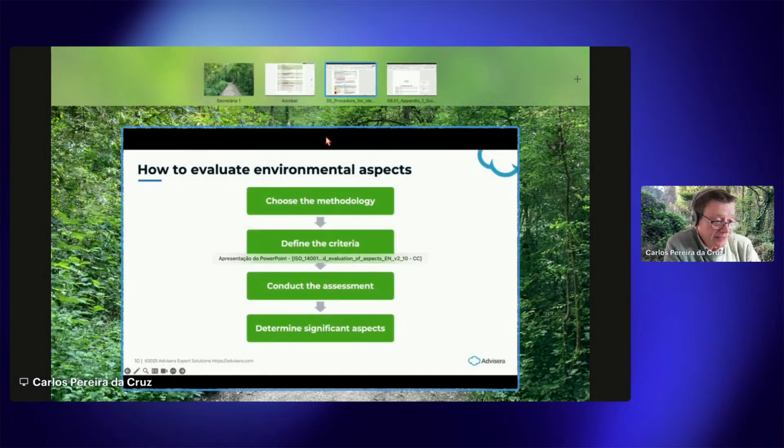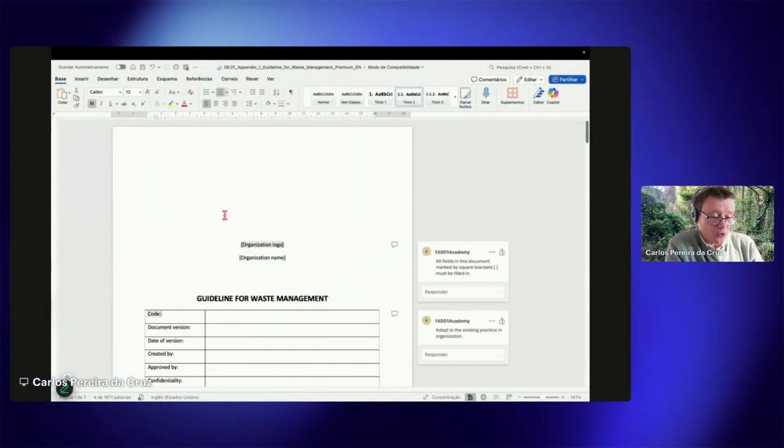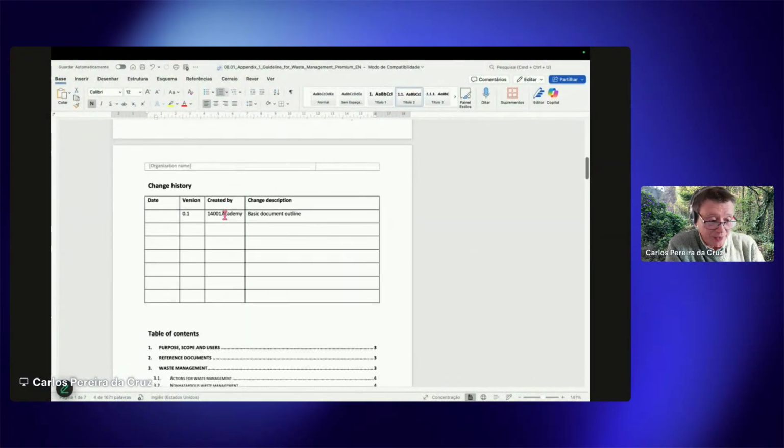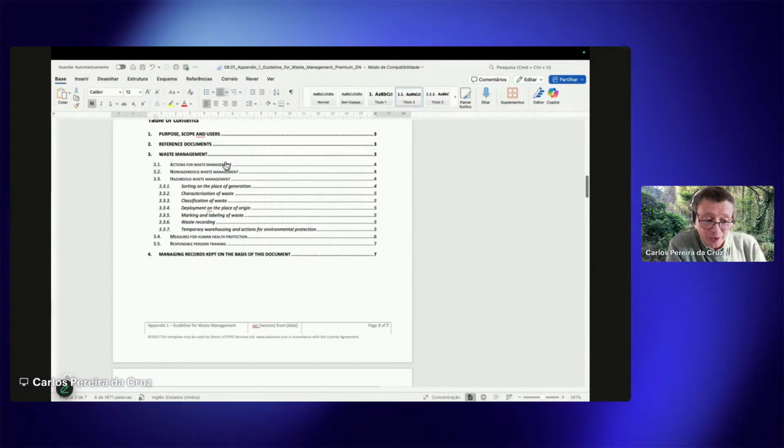And as a guideline, as an example also of a Word document, guideline for waste management. So actions for waste management. We may have non-hazardous or hazardous waste management, and then we have here the practices: the sorting and where to segregate, characterization, classification.